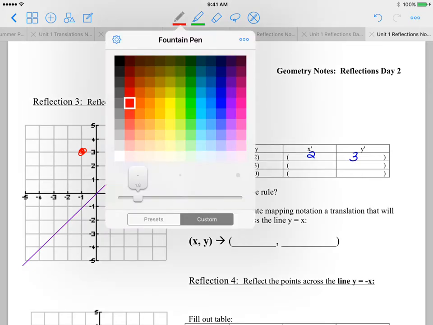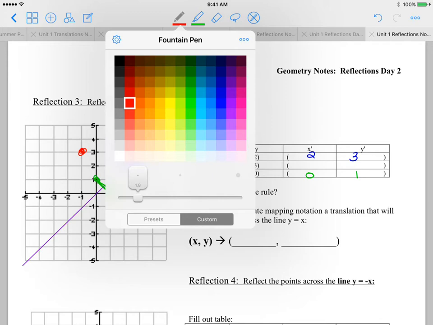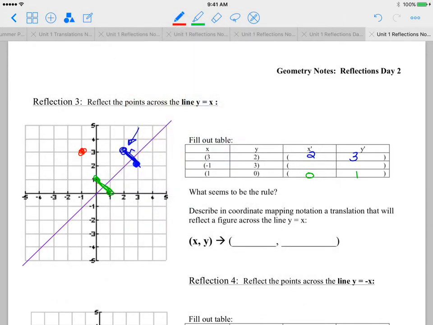All right, let's go with the green because it's not quite as far. So again, we want a perpendicular bisector, equidistant from our line of reflection on each side. And our new coordinate is going to be 0, 1. And again, our red one's pretty far. It's okay. We're pretty smart folks.